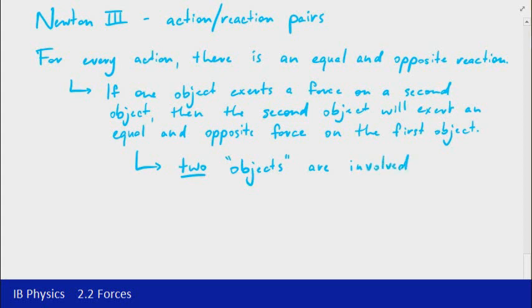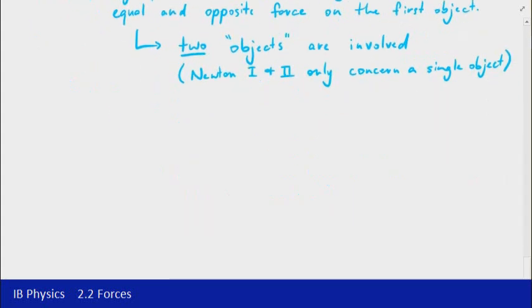Just as a side note, Newton's first and second law, so Newton 1 and 2, only concern a single object. We talk about the forces acting on an object for Newton's first and second law. For Newton's third law, we talk about two objects that are interacting. If you can store that in the back of your mind, it will help to make Newton's third law make a lot more sense.